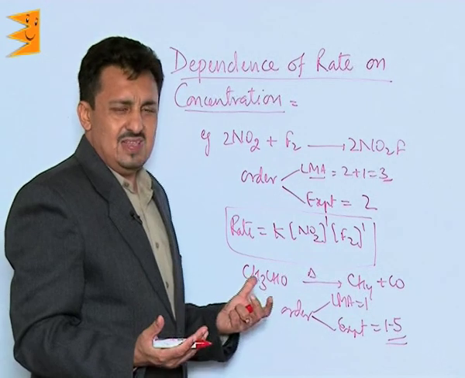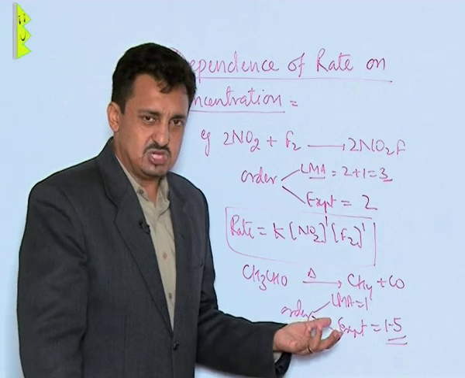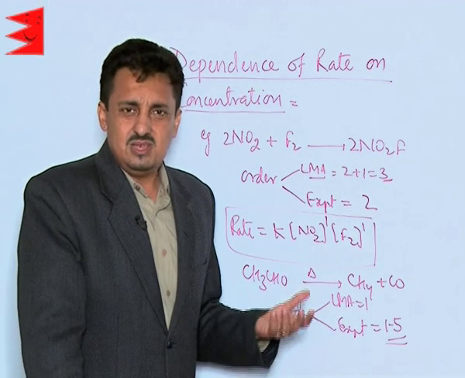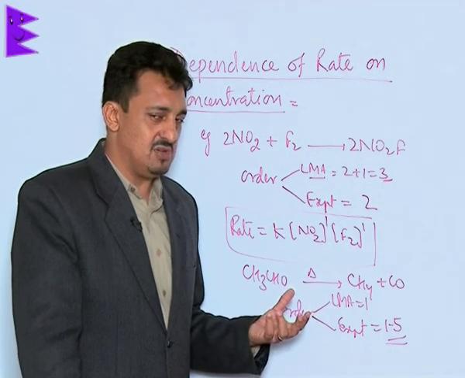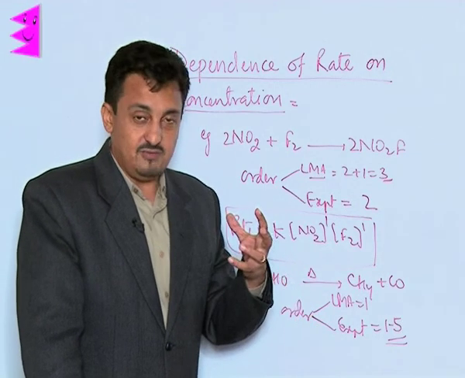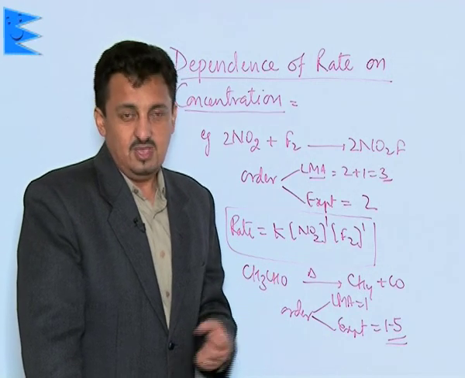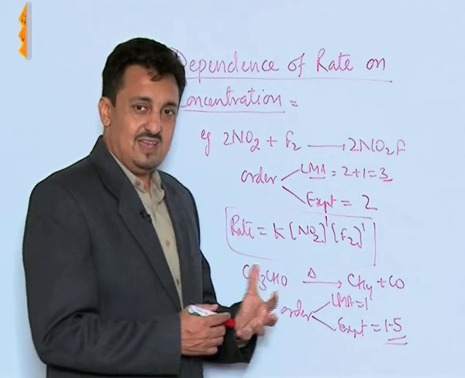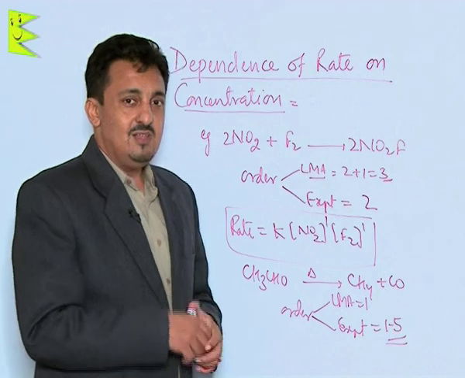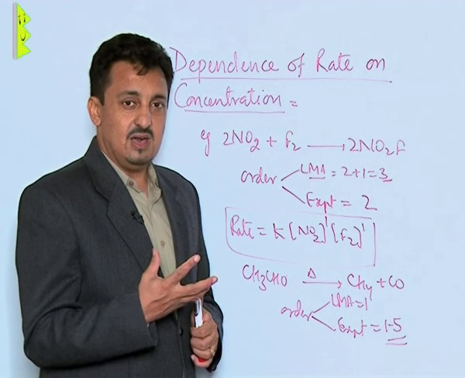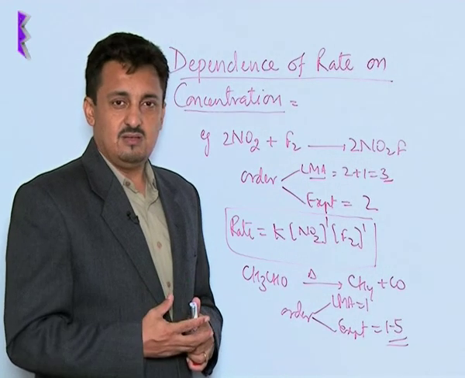So the order can come out to be any number, even a fraction, or even 0, because it is obtained experimentally. But yes, it gives us a lot of information regarding what amounts of reactants are involved in the reaction or play an important role in determining the rate of the reaction. So after understanding these basics from these 2-3 examples, now let us study the rate constant and what its unit will be from the rate expressions.